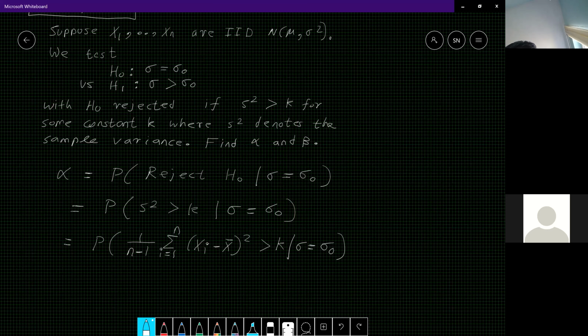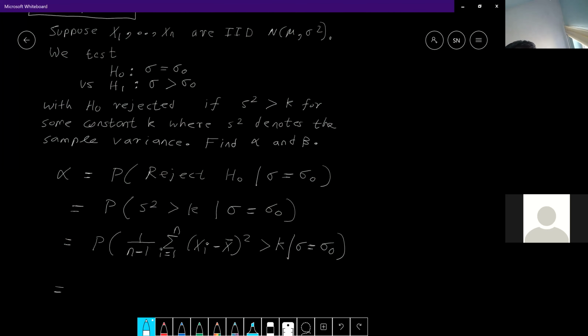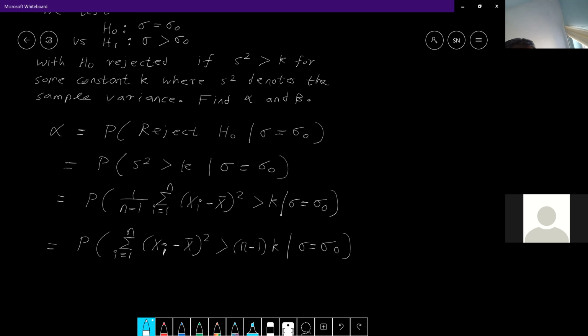Now you can write this as the probability that the sum... and now I'm going to do something which I think might ring a bell. I'm going to divide both sides of this inequality by sigma 0 squared.